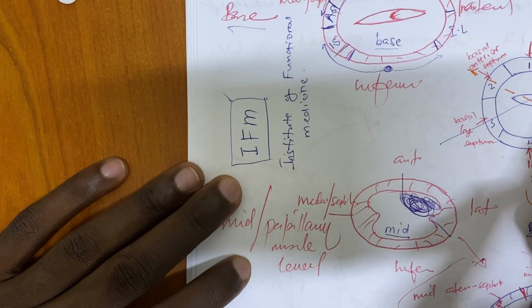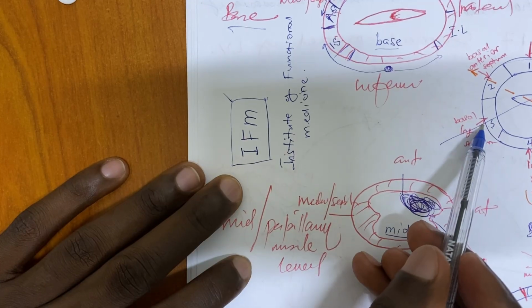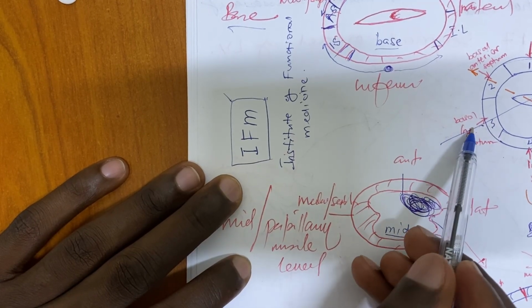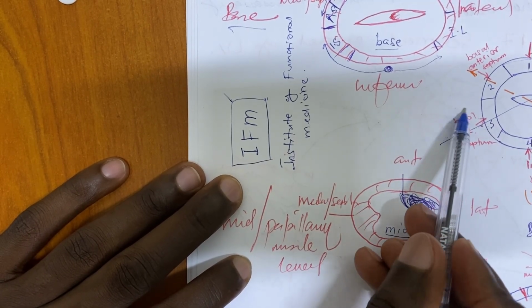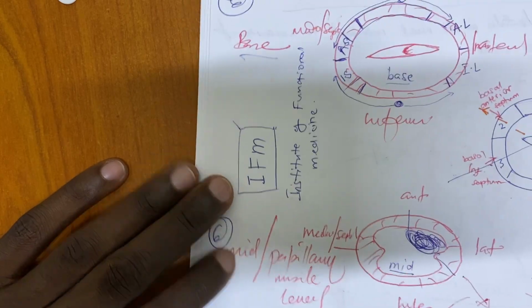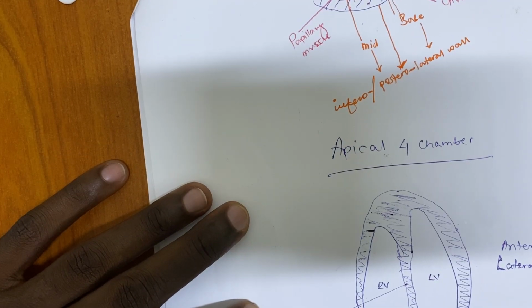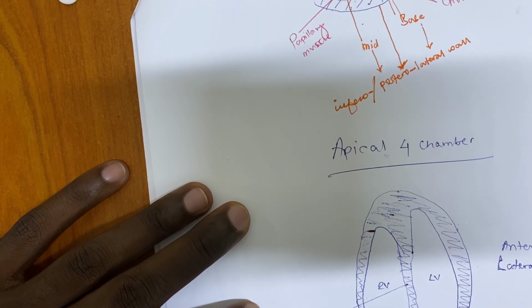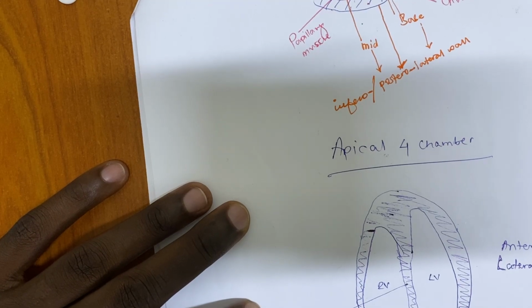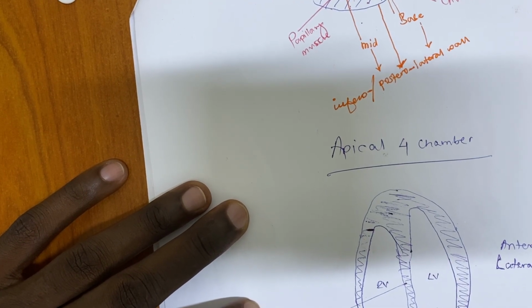So this one is the septum, meaning this is the inferior septum. Anterolateral wall and then inferior septum.